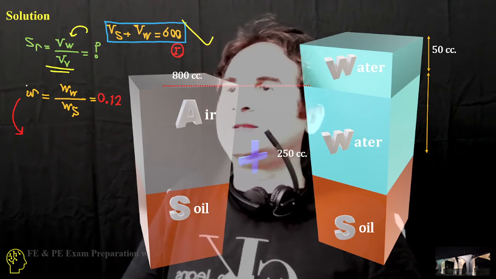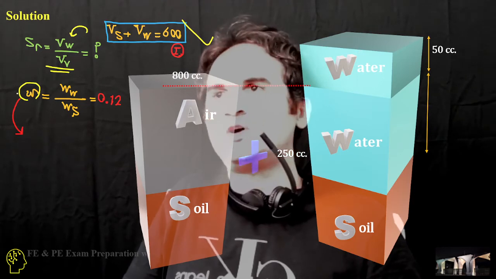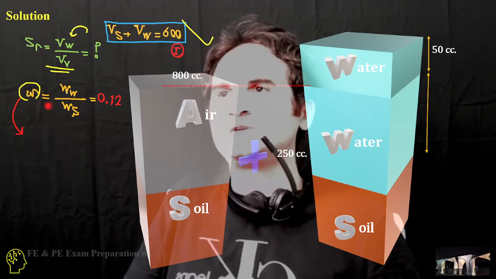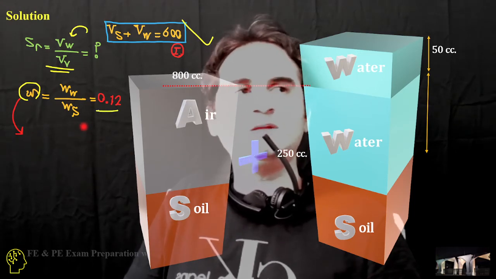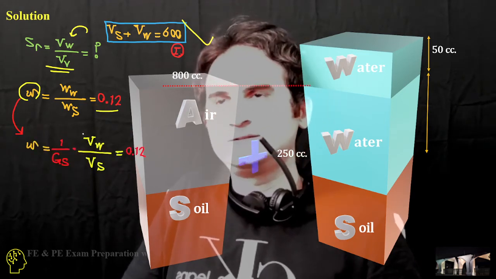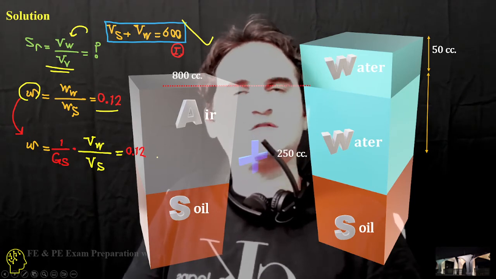And we have another piece of the problem, that's omega percent. Omega is the weight of water over weight of soil, which is provided in the problem statement to be 0.12. If you remember, sample one was not dry, it has a bit of moisture content.